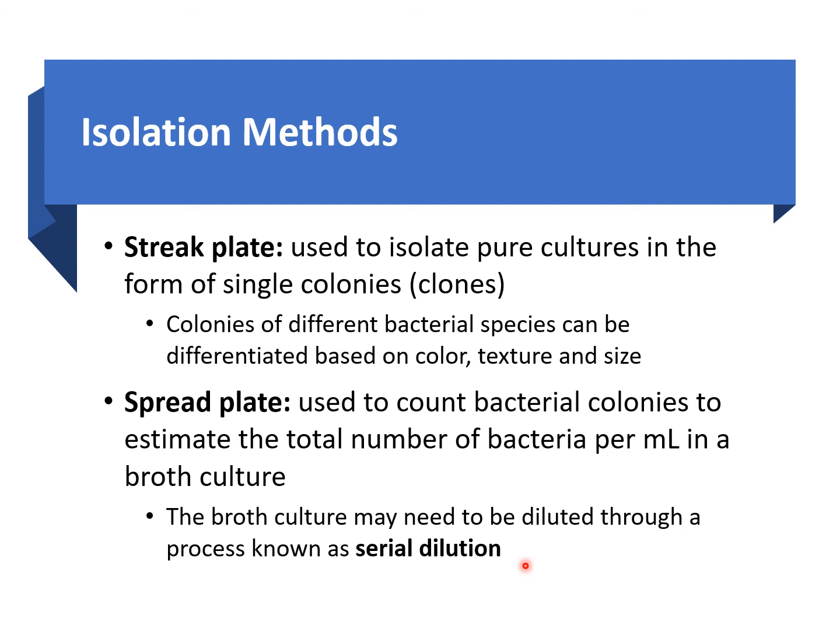We take a look at those spread plates that we've just inoculated, and we count the number of colonies, and based on the number of colonies we can tell the concentration of our original batch. And again, we're going to talk about the spread plates in more detail later. As I said, in this PowerPoint, we're mainly going to talk about the streak plates and how they are used to isolate pure cultures.